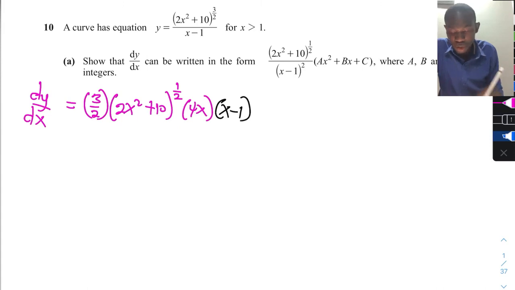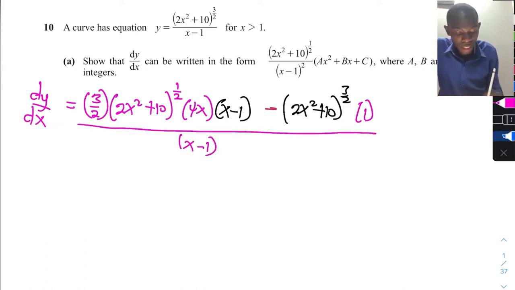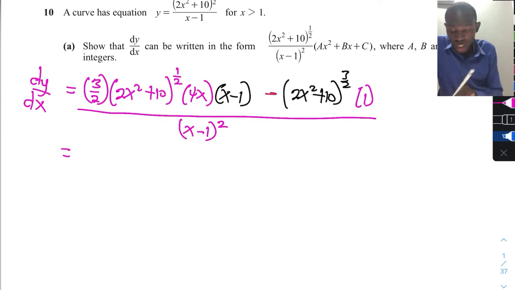You are not going to differentiate the denominator here. Then you continue, minus. Now you have to keep the numerator constant, and then you differentiate the denominator. Mind you, when you differentiate the denominator, you are going to get 1, divided by the denominator squared. So that's how it's done. You keep one constant and differentiate the other, minus, you keep the other one constant and differentiate, divided by the denominator squared.